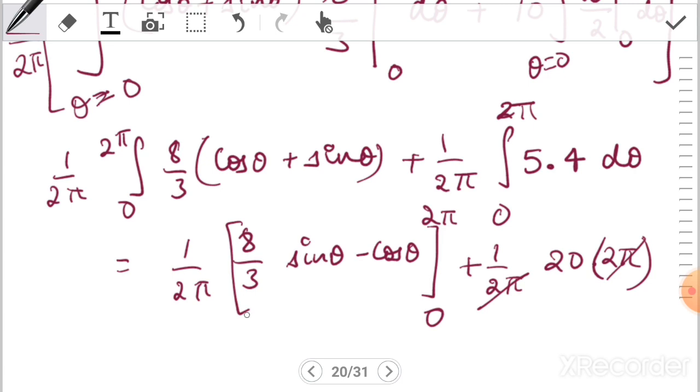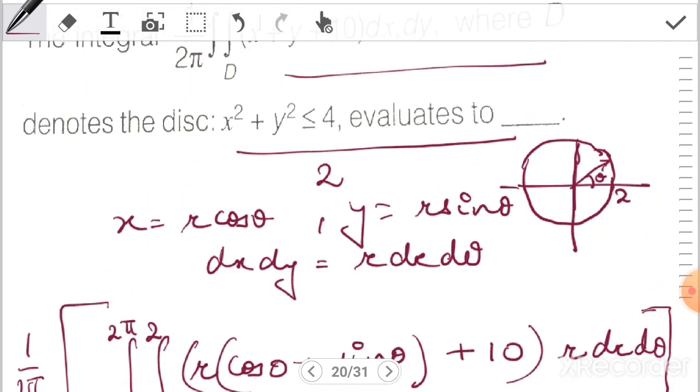So we are left with only 20. The answer is 20.